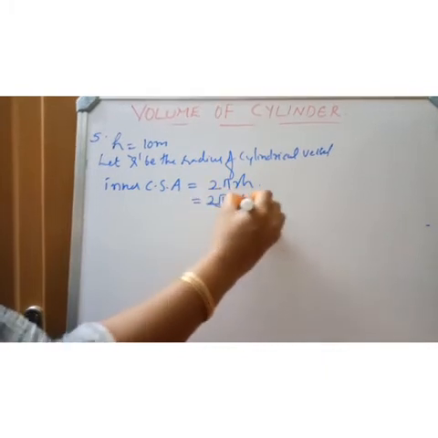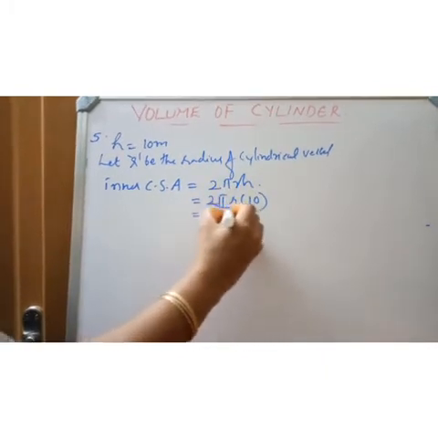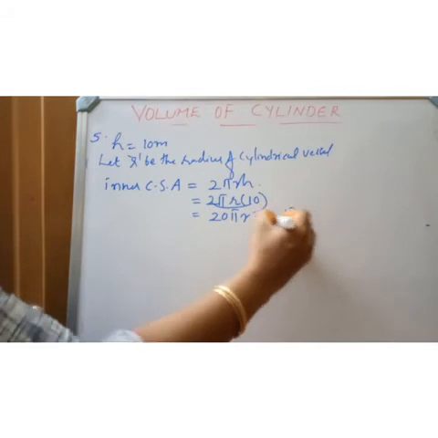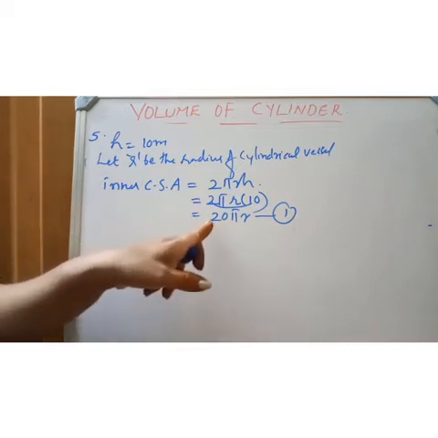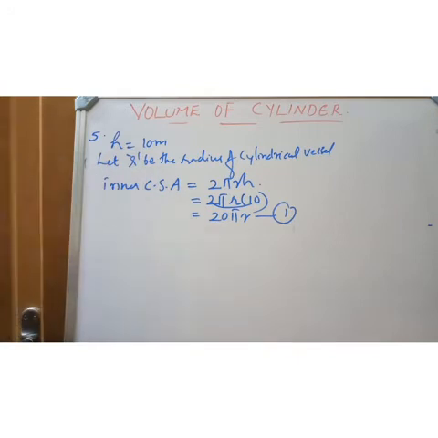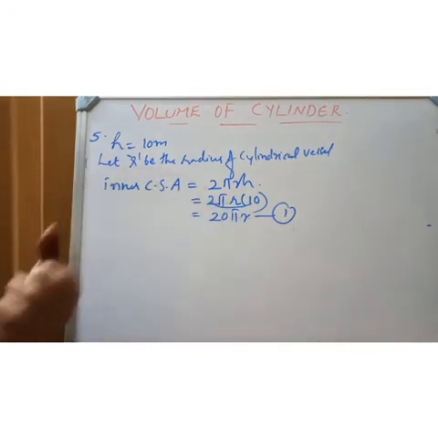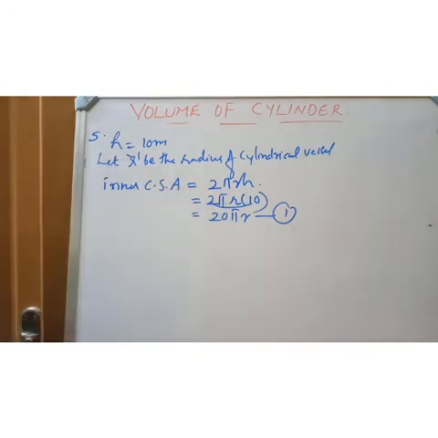That is 2 tens are 20 pi r. Put it as equation number 1. Curved surface area they asked in the first part of the question, isn't it? So for that you must write 20 pi r is the curved surface area. So if you get the value of r, you can substitute here, and we will get the curved surface area.